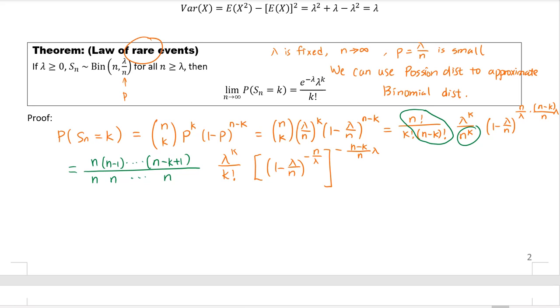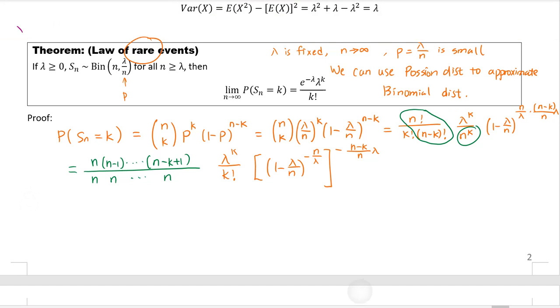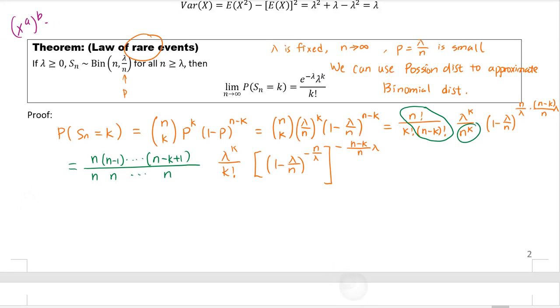And why can I do that? Well, that is because x to the a to the b is just x to the a times b, right? That's why I can move them. And here minus multiplied together just becomes positive.